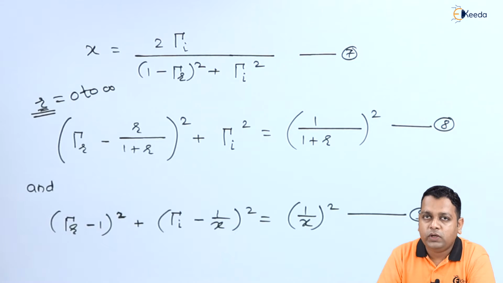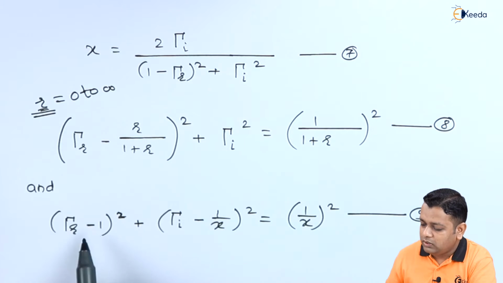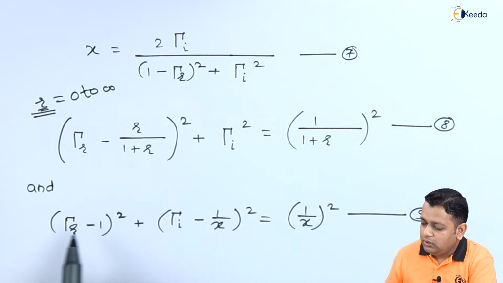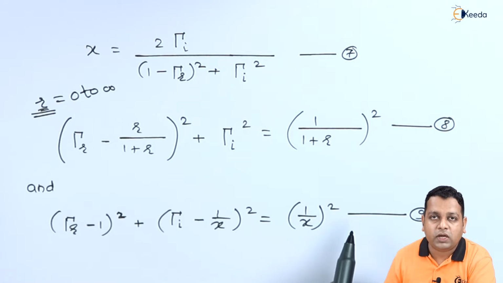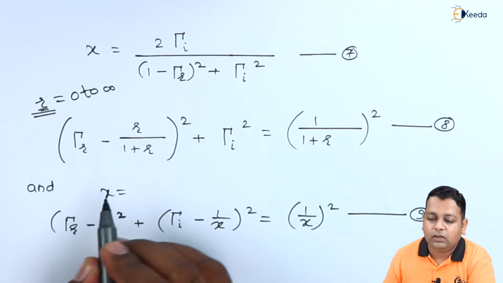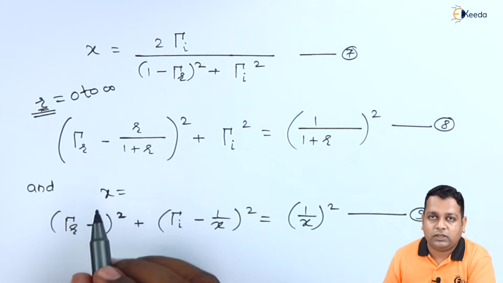Now when we look at the next equation, equation number 9, it also gives us the form of the equation for a circle. So equation number 9 is also expressing the information for the constant circles, but this time for the x here. So x is nothing but the reactance value here.